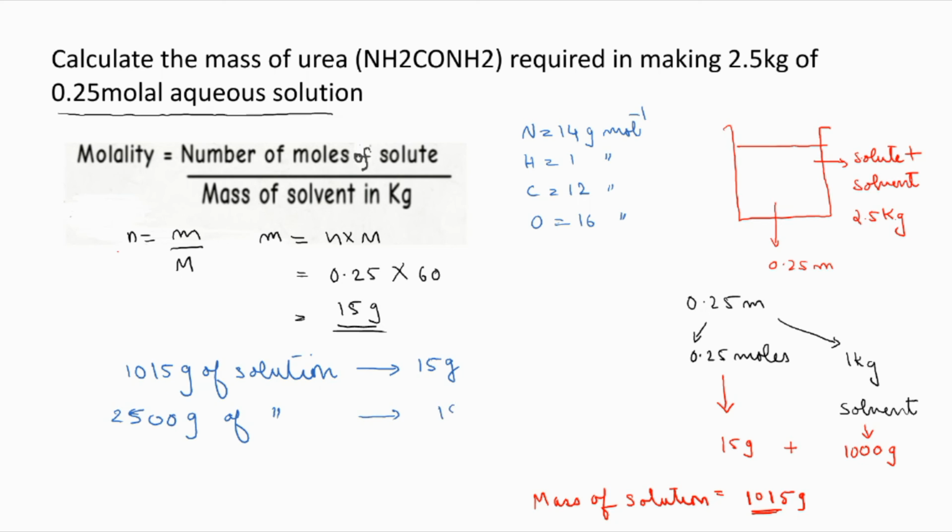That will be 15 divided by 1015 into 2500, which is equal to 37 gram. So if you have 2.5 kg of the solution having molality 0.25 molal, that will contain 37 gram of urea. Did you get it?